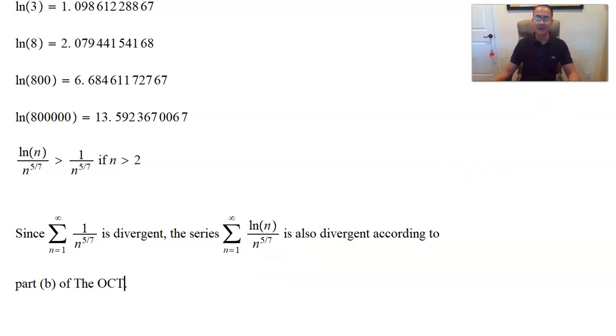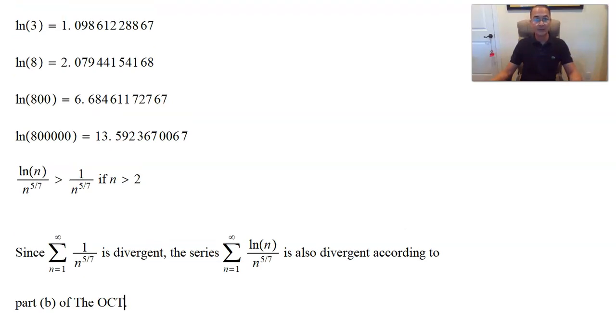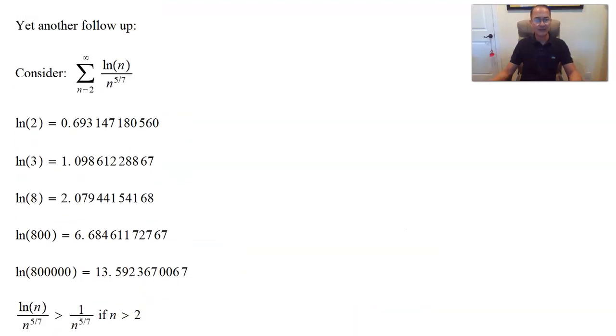Okay, so we started with 1 over n to the 7/5. We had cosine 1 over n to the 7/5.